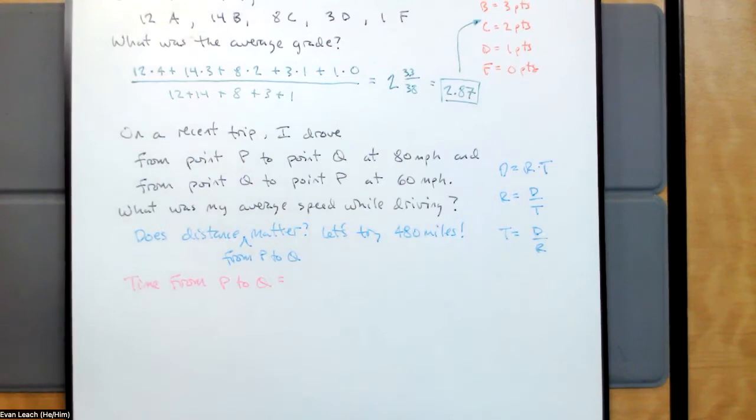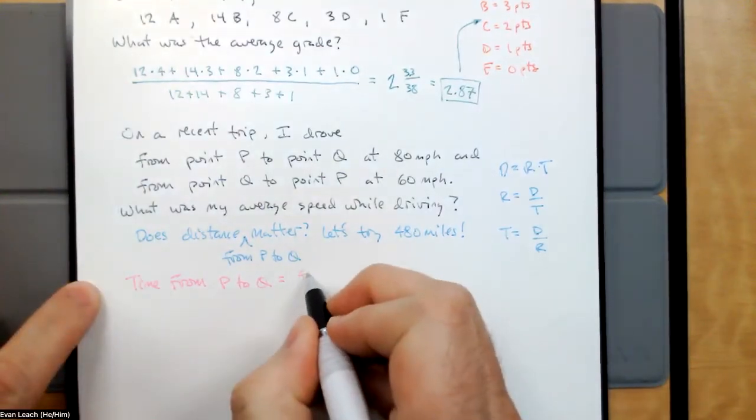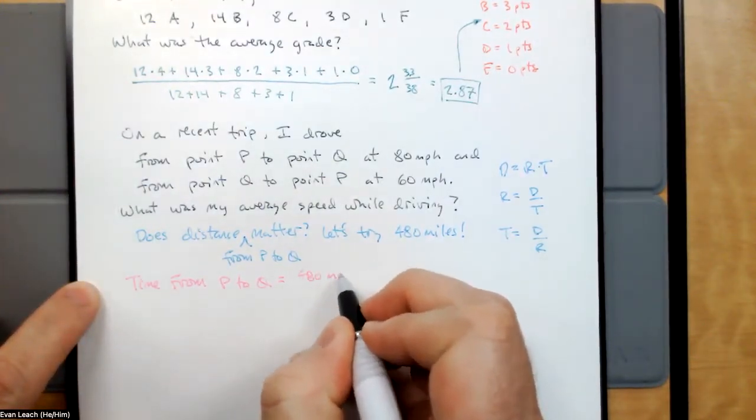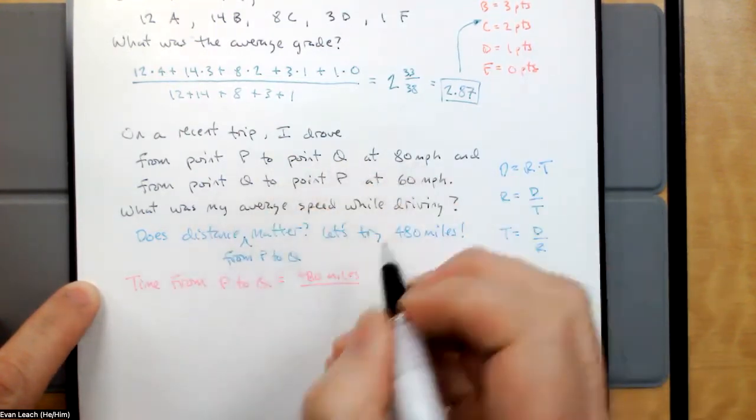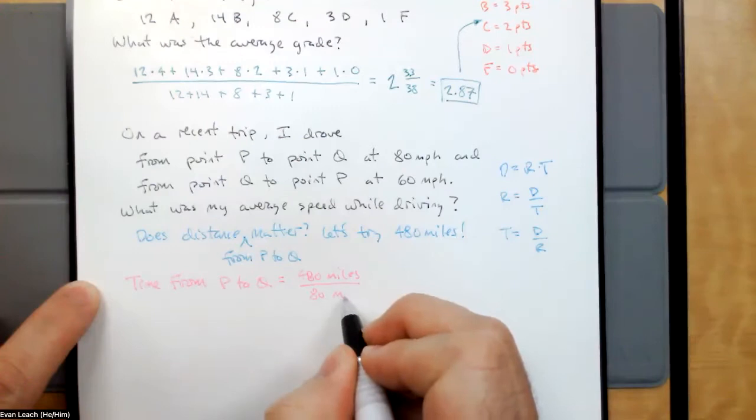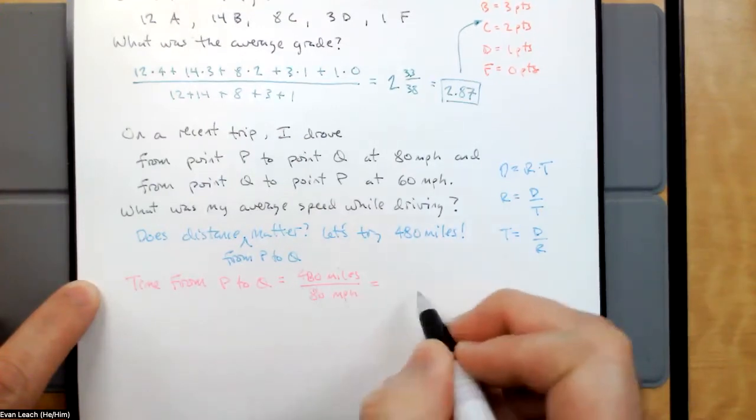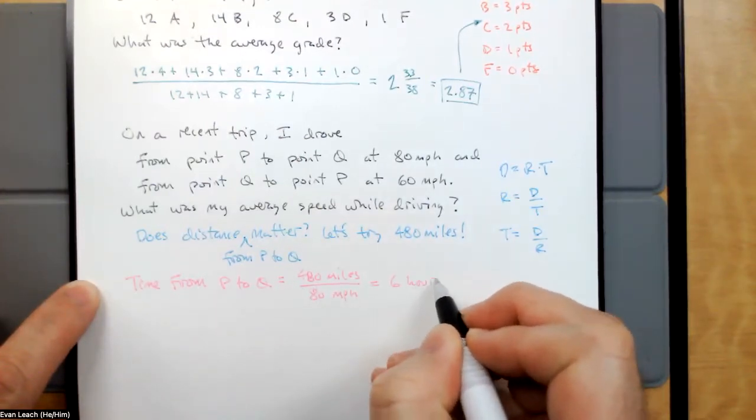So we can calculate the amount of time it took us to drive from P to Q. So time is distance divided by rate. The distance was 480 miles, and we'll divide by our rate. From P to Q, we were going 80 miles per hour. 48 divided by 8 is 6 hours.